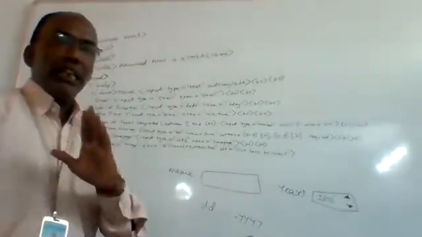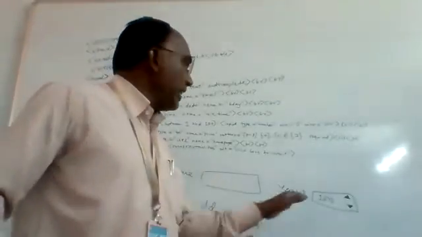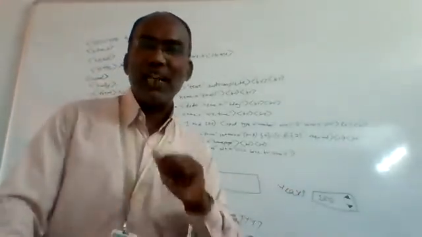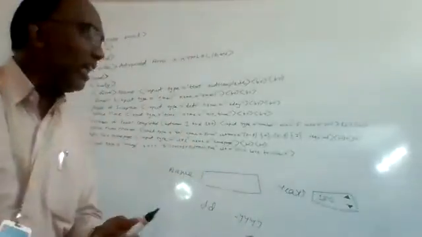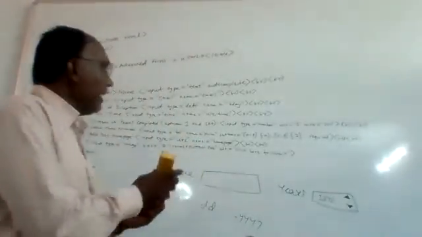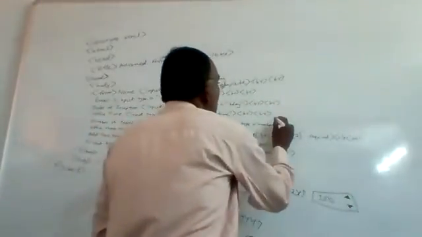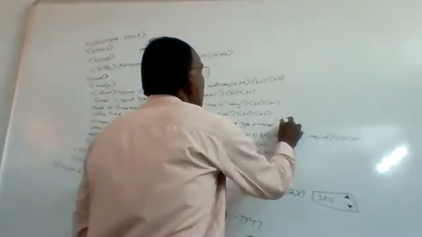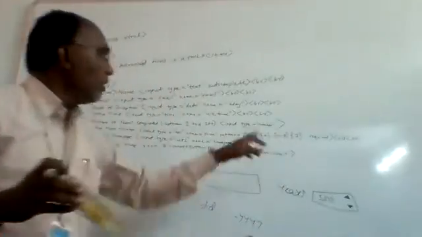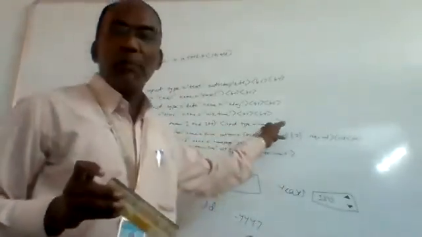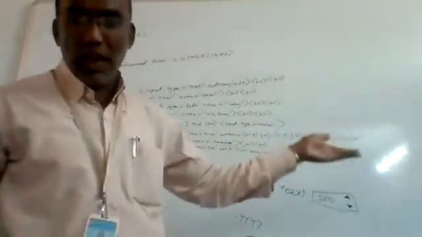Otherwise, if we are not using the min and max attributes, what will it affect? If we simply use input type is equal to number, name is equal to num, what will it do?